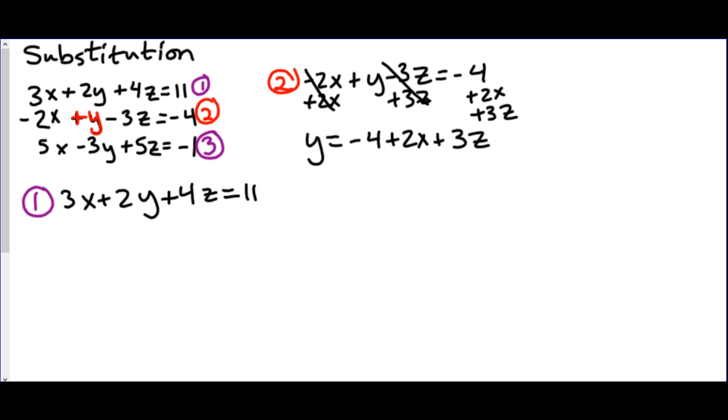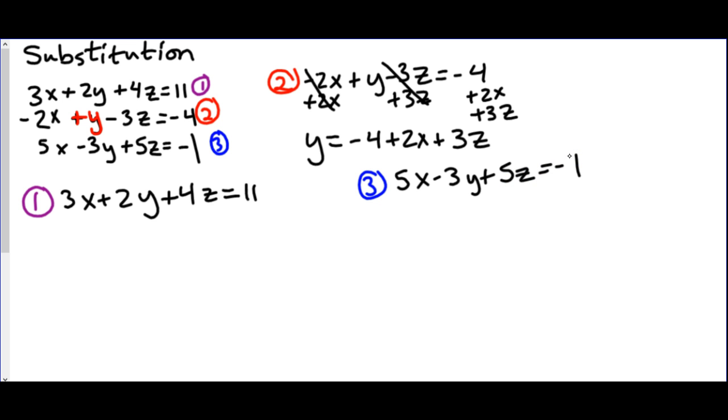I'm going to give equation 3 a different color, just so it'll help us keep track of things a little bit better. So let's make equation 3 blue. So equation 3 is 5x minus 3y plus 5z equals negative 1.